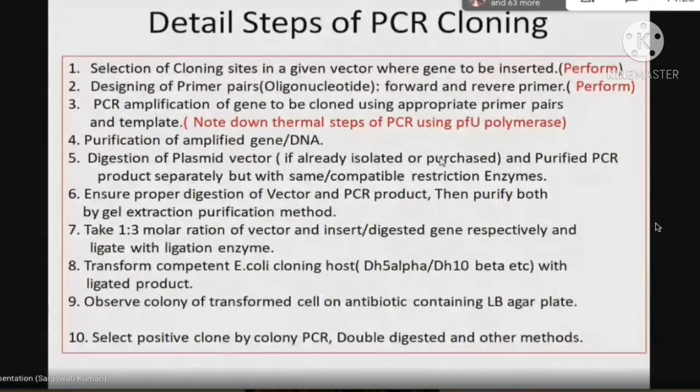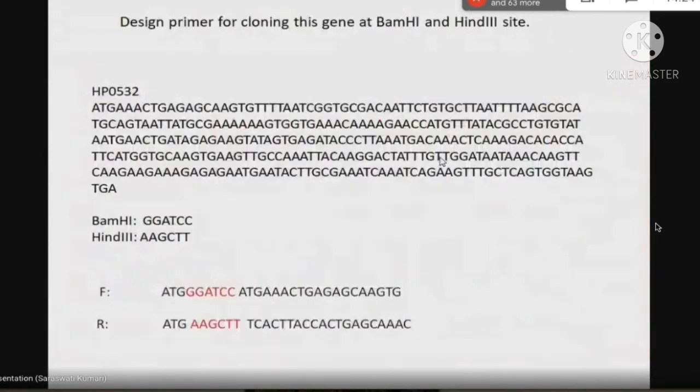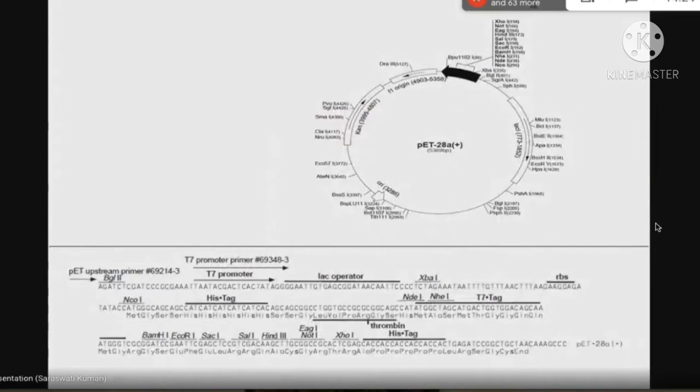The first step is selection of cloning sites in the given vector where the gene is to be inserted. Suppose you know that you have to clone in pET vector, but out of these sites, where will you clone your gene? In which site should you clone? What is the basis? Suppose you are doing directional cloning, at which sites will you cut the vector and your PCR amplified gene so that you can clone it?